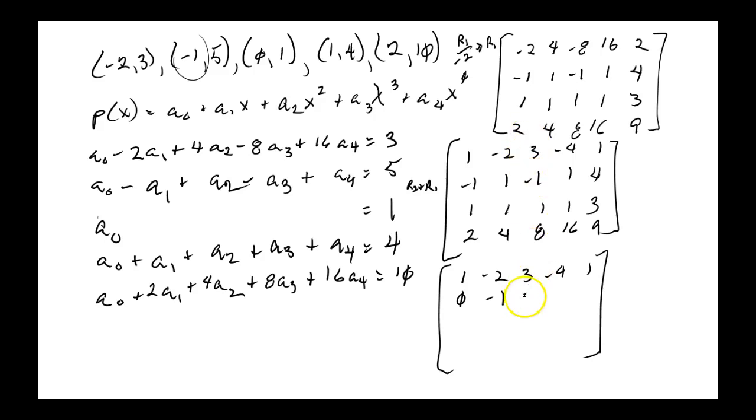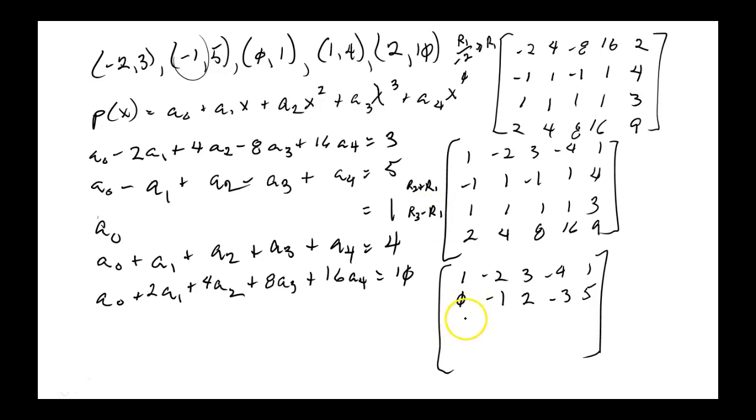No? 2. Negative 3. 5. Okay. What do you want to do next? Subtract row 1. Yeah.